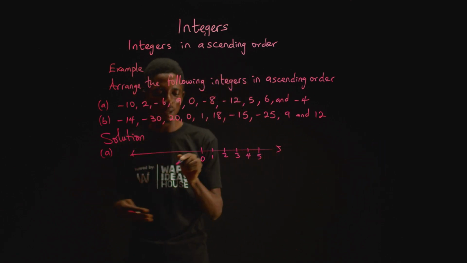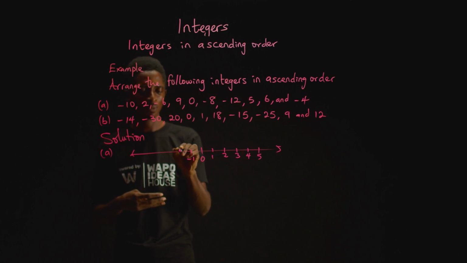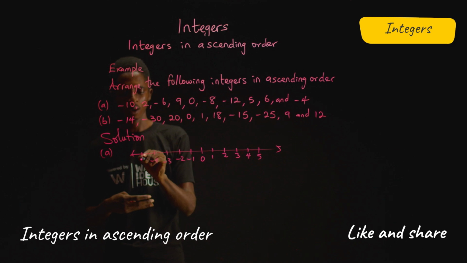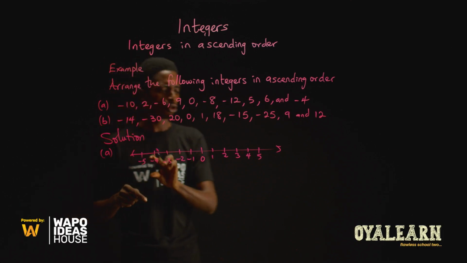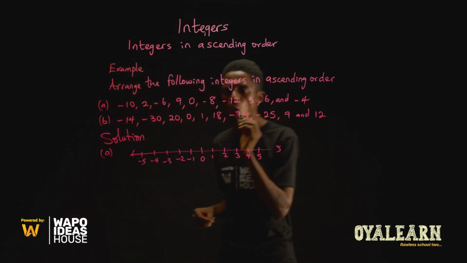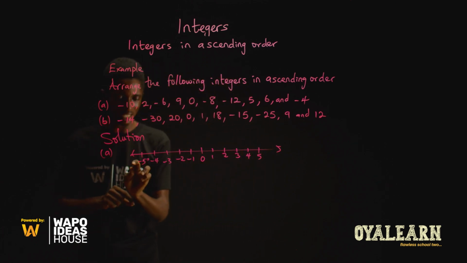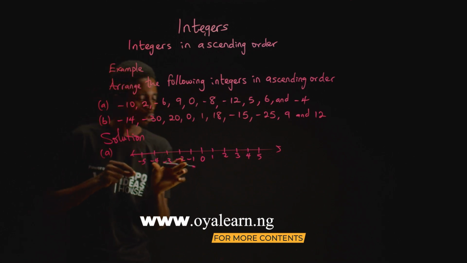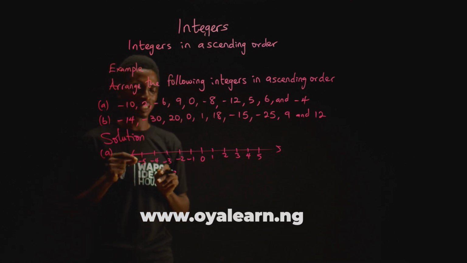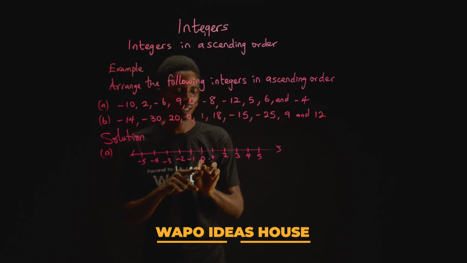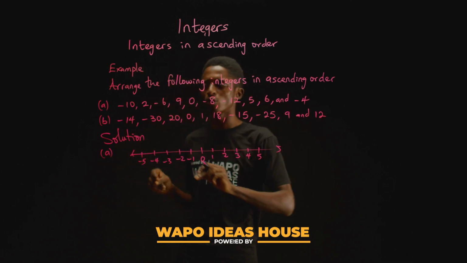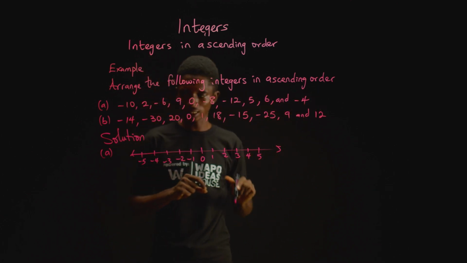And then to the left we have numbers like -1, -2, -3, -4, -5. Looking at this, the one with the smallest value here is -5, then -4 for all our negative integers, up to the neutral, then we have our positive integers. This is the same trend we have to follow when we are trying to arrange this.